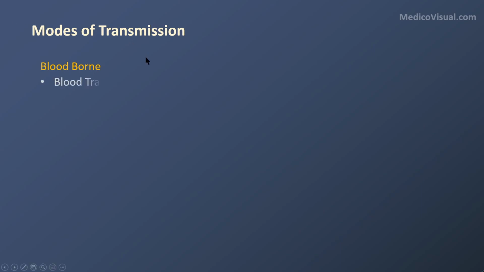How can it happen? Blood transfusion. Let's suppose this was the commonest route of transmission of hepatitis B virus in the past. If we transfuse the blood of a hepatitis B infected person to a normal person, this virus will gain entry into that person's blood, and he may be infected with this virus, right?